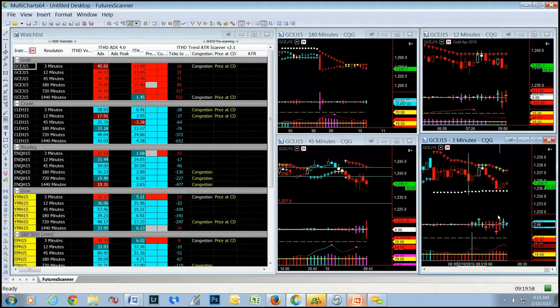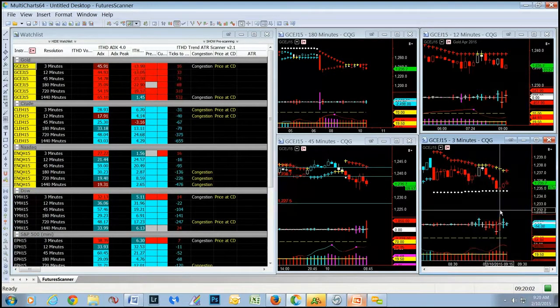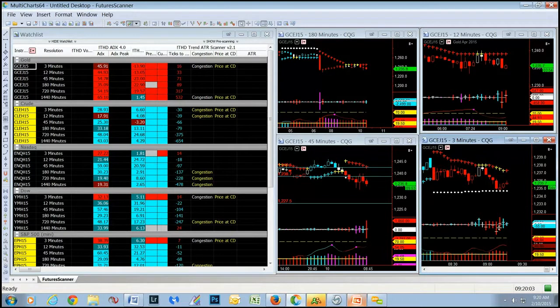That's right. The buyer stepped in on that bar. Okay? Right. It means that as this low was made, buyers stepped in to that bar.